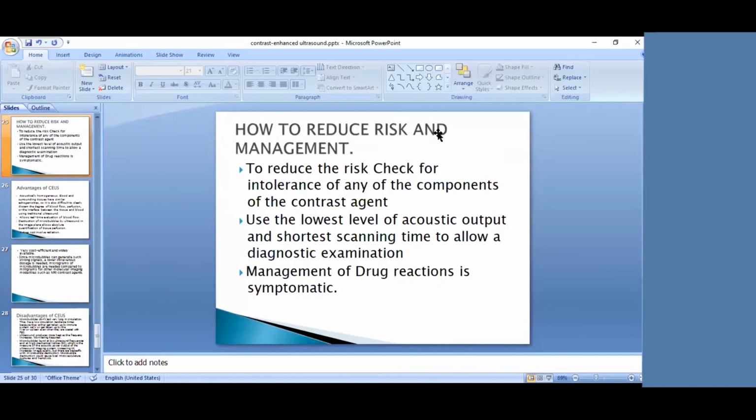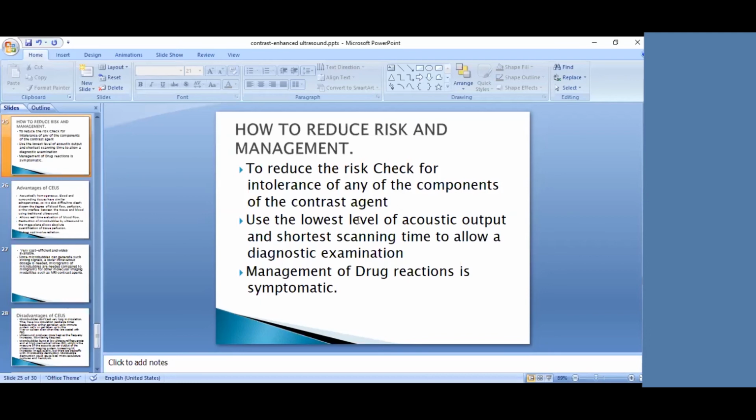That covers how to reduce the risk and manage the side effects of the contrast agent. To reduce the risk, check for intolerance to any component of the contrast agent, meaning we check before injection whether the patient has an allergy to any of its components. Use the lowest level of acoustic output and shortest scanning time to allow a diagnostic examination.